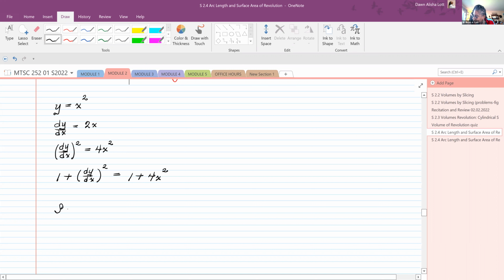So the surface area is the integral from A, which is 0, to B, which is 2, of 2 pi times y, which was x squared, times the square root of 1 plus (dy/dx) squared, which is 1 plus 4x squared, dx.